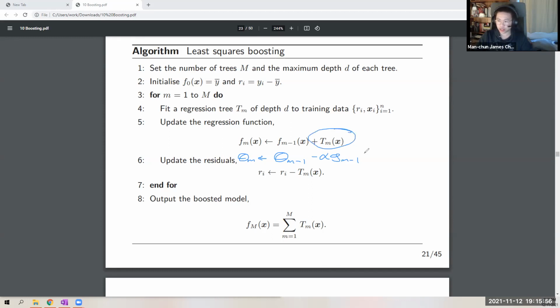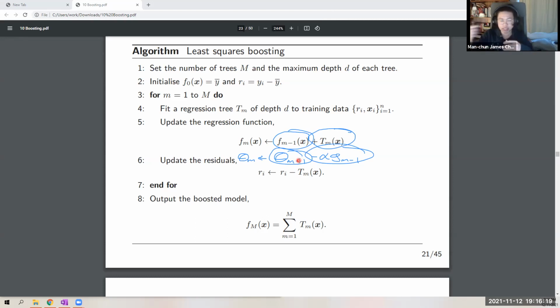That's effectively what you're doing in least squares boosting and gradient boosting. You take the parameter at step m-1, but in this case the parameter is now a function. That's the weird thing: we typically think of a parameter as a number, but now the parameter is a function.